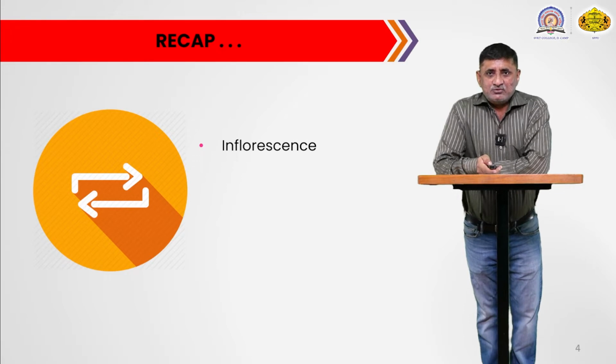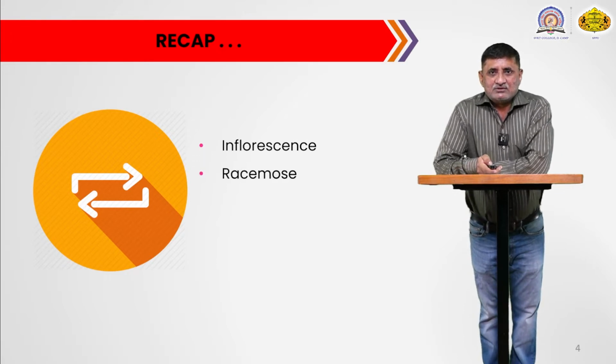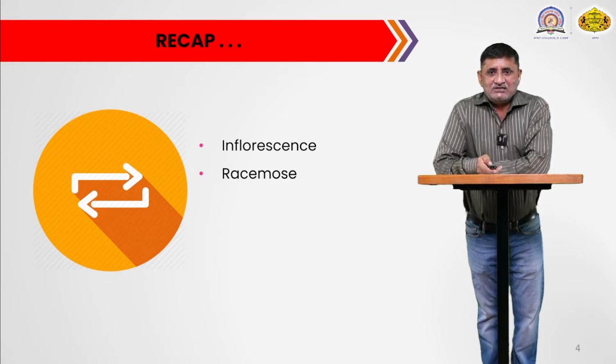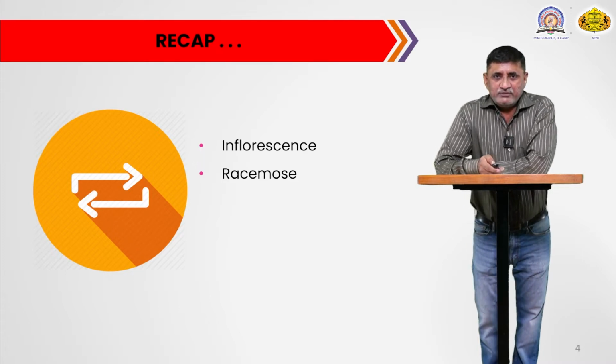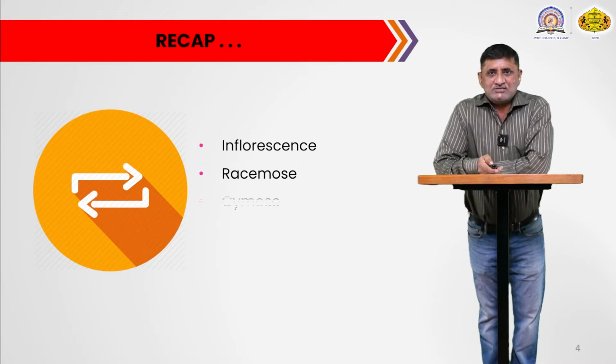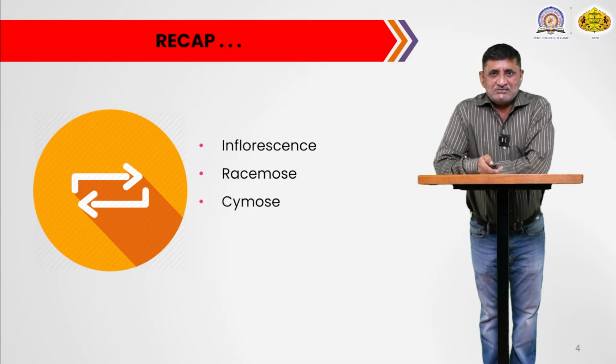Before this video, in the class, we studied inflorescence: what is meant by inflorescence and what the different types of inflorescence are. There are two main types, racemose inflorescence and cymose inflorescence.